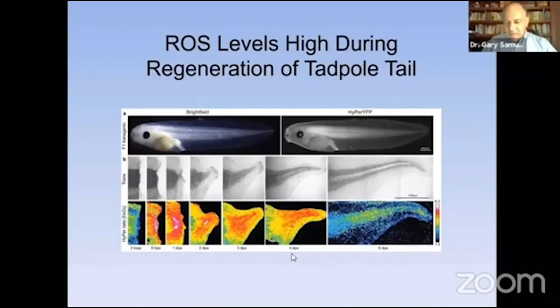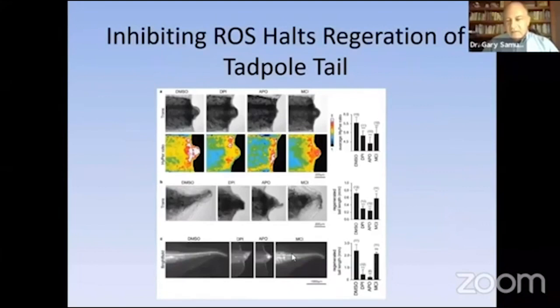They're able to use fluorescent markers to show what it is. Notice in the regeneration of the tail, the oxidants are very critical there. In fact, they also took antioxidants and got rid of the oxidants for the regeneration process, and the tail did not regenerate. So the oxidation, the redox signaling molecules were absolutely essential in the regeneration of tissue.